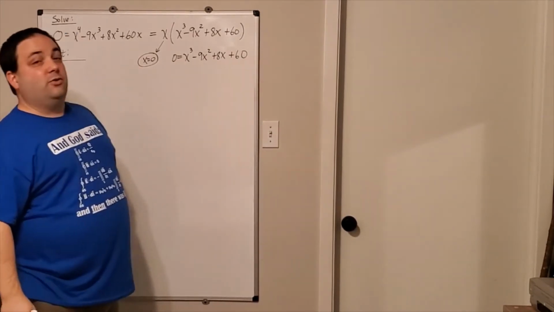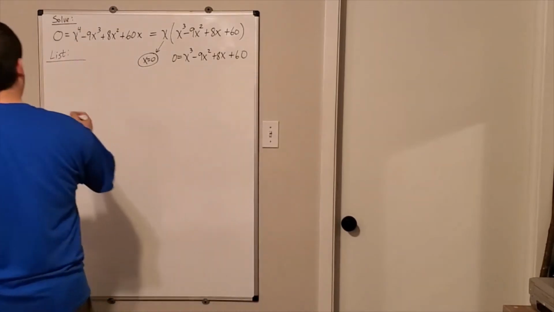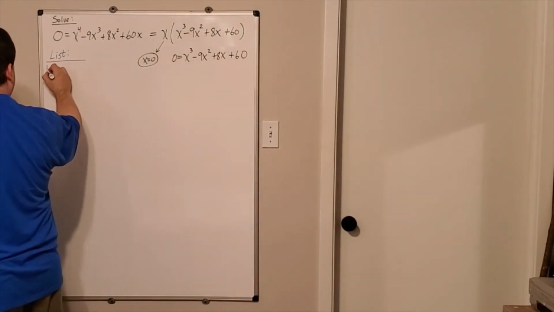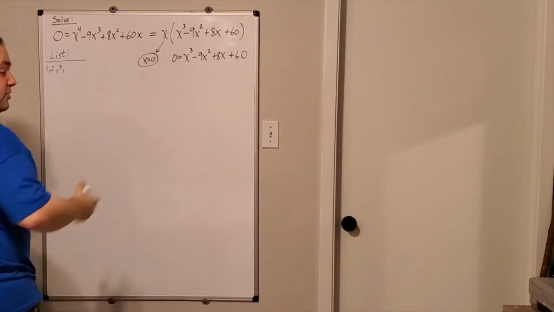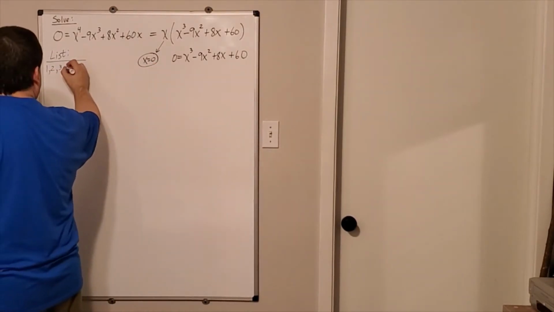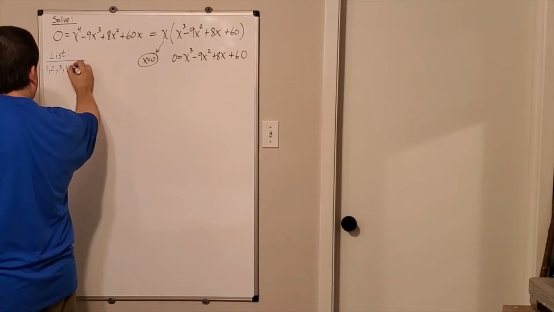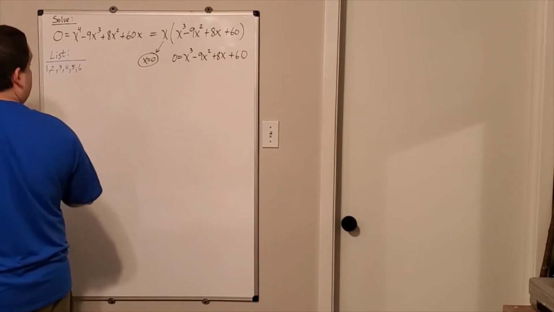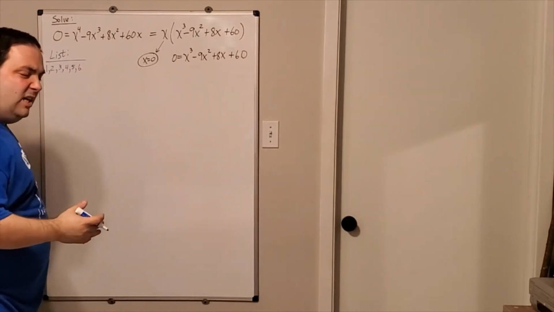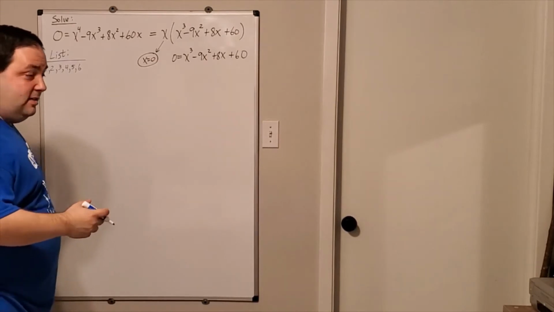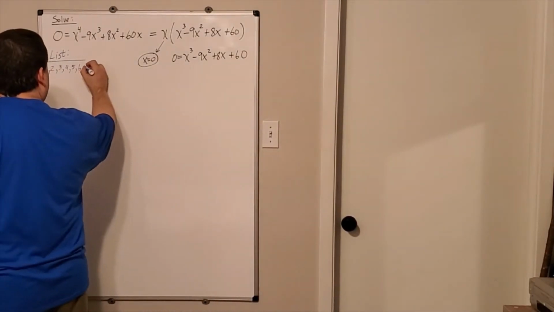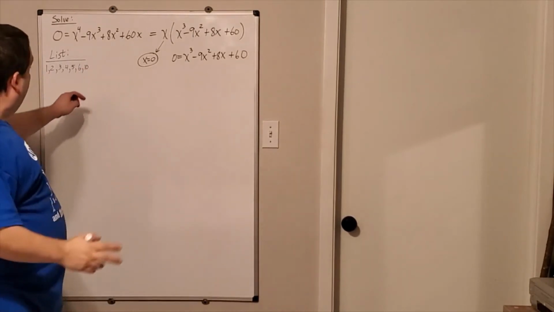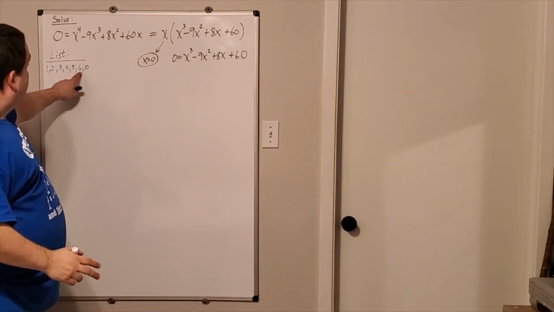What are the factors of 60? Well, we have 1, 2 goes into 60, 3 goes into 60, and it just helps to keep counting up, right? 4 goes into 60, 5 goes into 60, 6 goes into 60, 7 doesn't, 8 doesn't go into 60, 9 doesn't, 10 goes into 60, and if you'll notice, as soon as I hit that 10, I'm noticing 10 times 6 is 60, right?